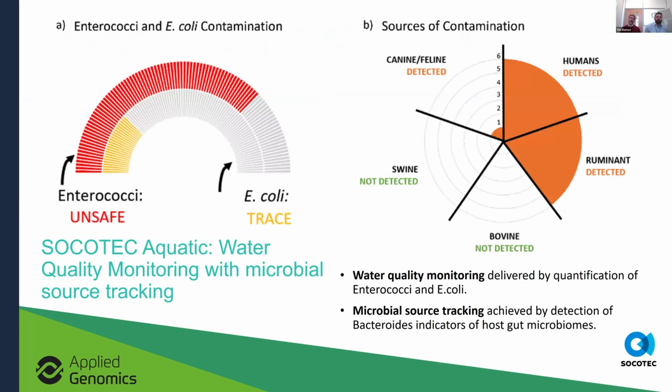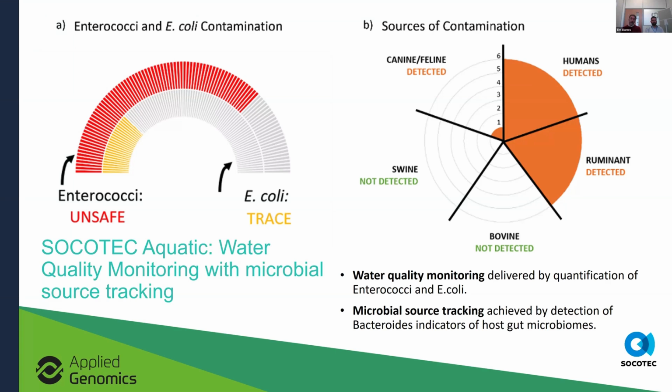And just to run through a couple of case studies about how that would play out in the aquatic water samples. So we've got assays where we can test for harmful bacteria in water samples. So in this example here, we've got a water sample which has tested positive for harmful levels of enterococci.